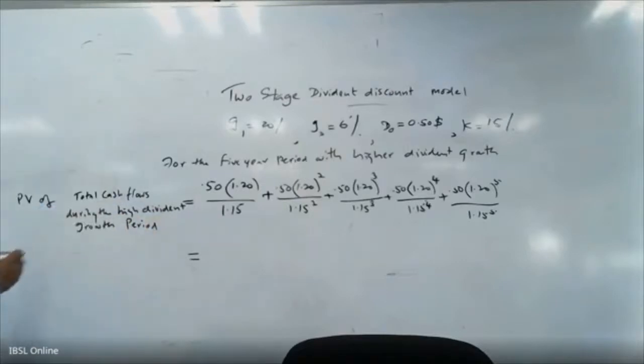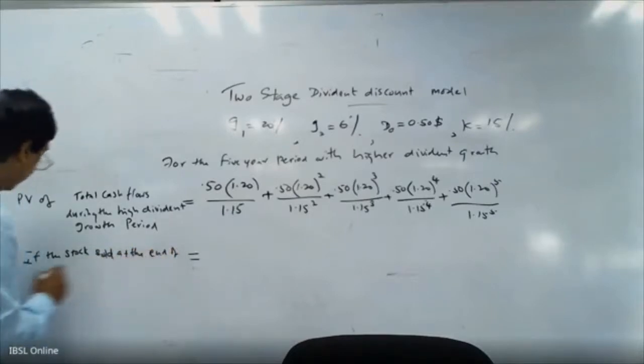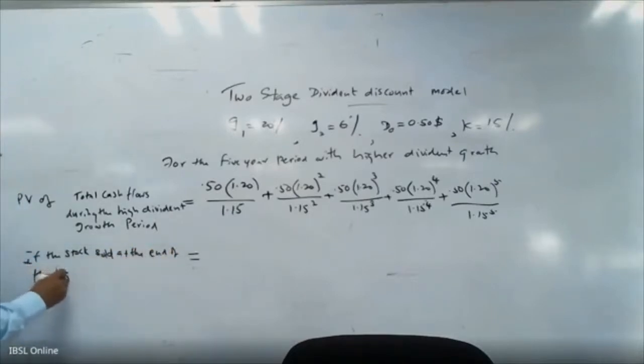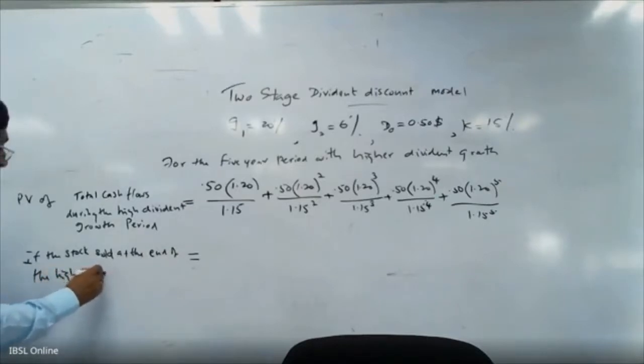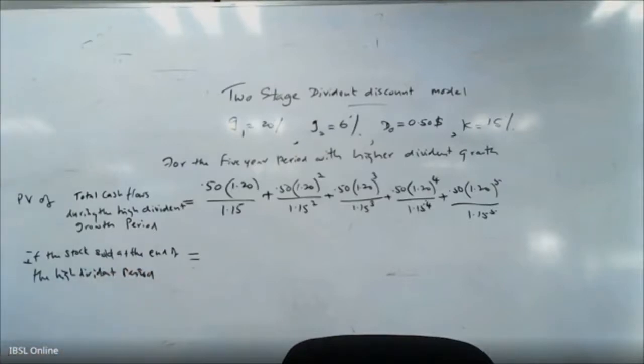But then we need to get the stock sold at the end of the high dividend period, the PV of sales proceeds.